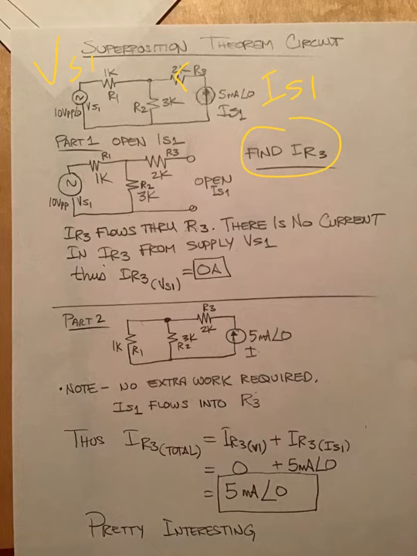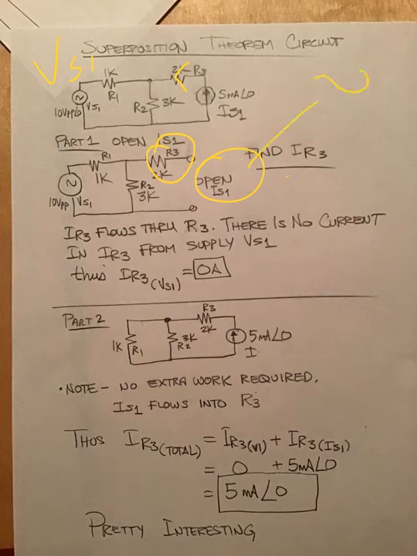And we're going to attack this by taking the current source out on one side. And quickly what you notice is you have an open here. And that means that this resistor that you're trying to find the current through is hanging in the wind, which means the supply on the left is unable to get any current through that resistor.